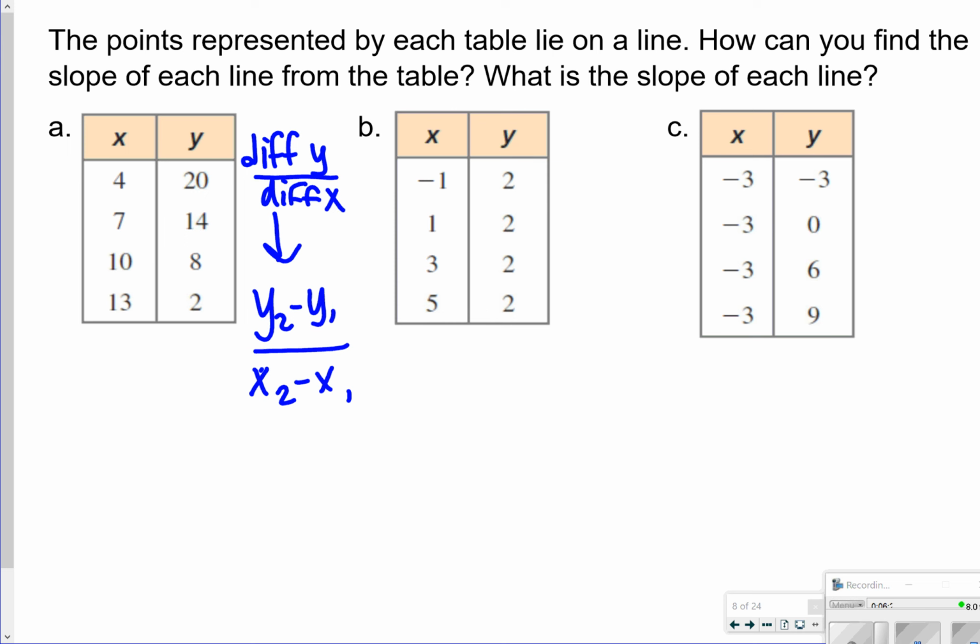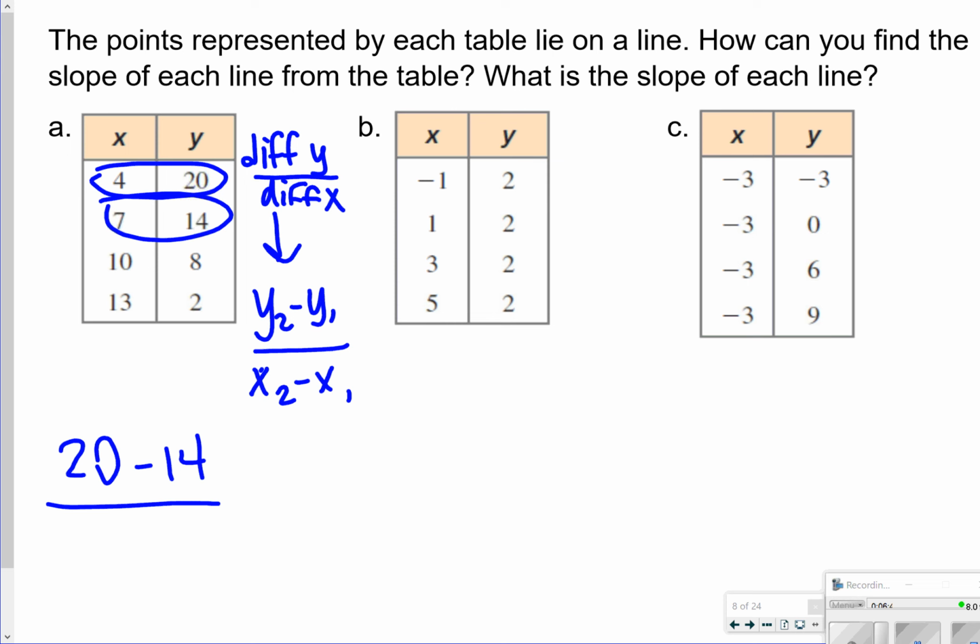Okay, so what I like to do is just pick the first 2 points, or 2 easy points, and then subtract them. For letter A, I would pick the 2 y's, 20 minus 14, and then using that same order, if I did top minus bottom, I'll also do top minus bottom here, 4 minus 7.